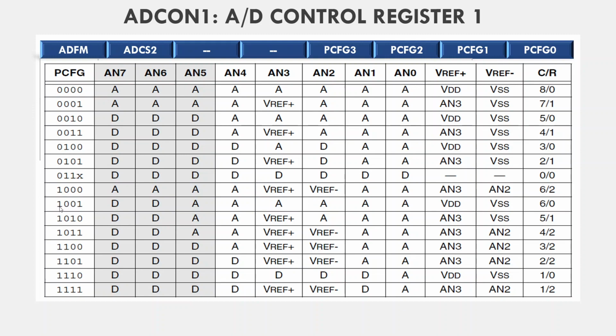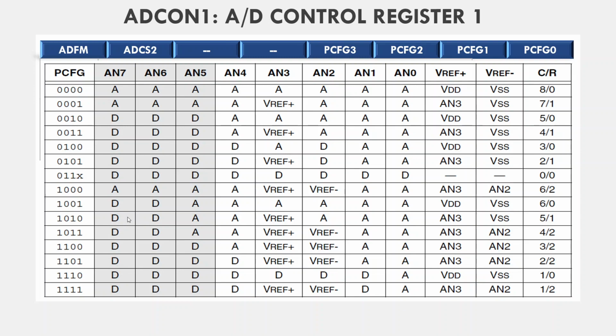Similar to this, the next is 1001. Here channels 7 and 6 act as digital IO. Channels 5, 4, 3, 2, 1 and 0 all act as analog input. So the count is 6 and the reference inputs are 0. Next is 1010.